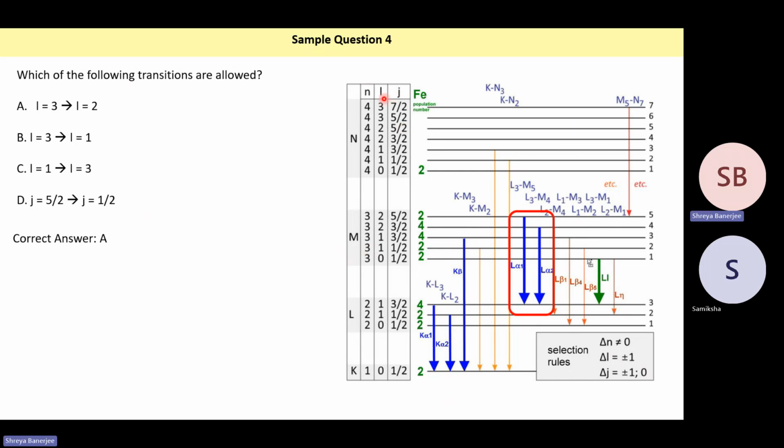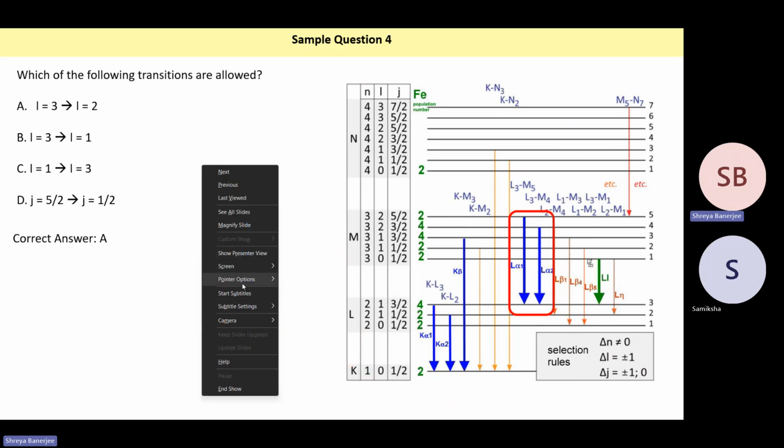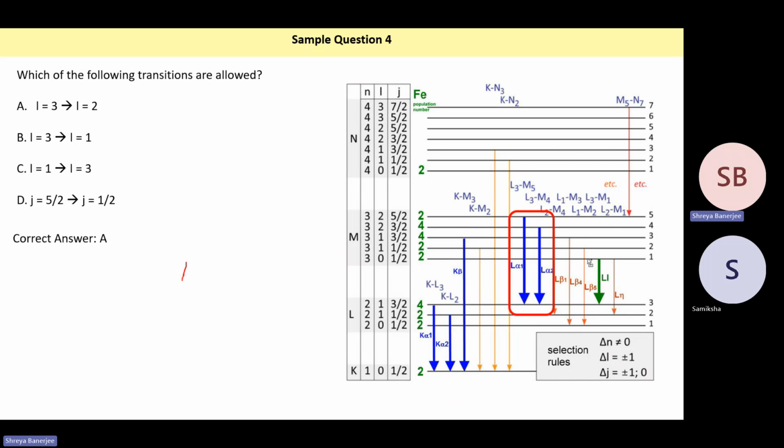Then you have small l, the azimuthal quantum number, which, for a given n, ranges from 0 to n minus 1.